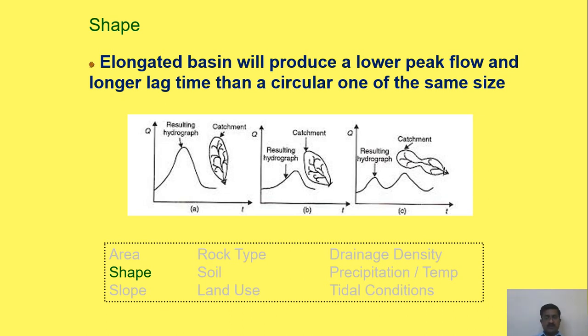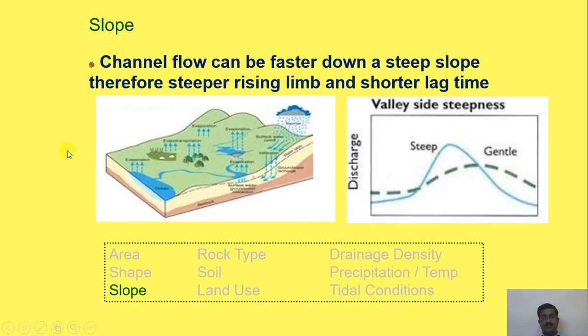You can see, this is a longer catchment, and the resulting hydrograph is like this. Then a medium catchment, the resulting hydrograph is like this. Depending upon the catchment shape, you can see how the hydrograph is changing. The shape matters regarding the hydrographs.